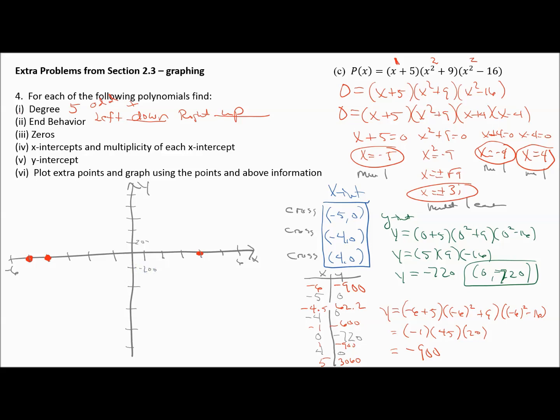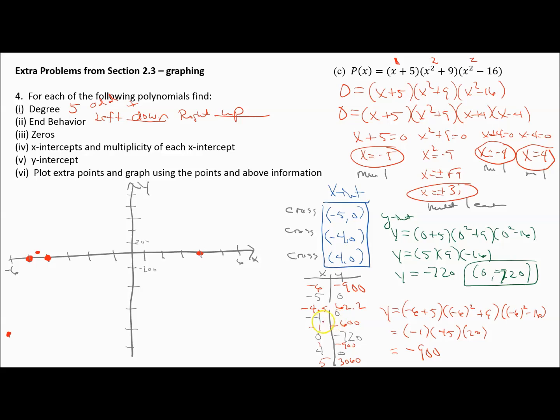Let's see how this does. All right, so negative 6, negative 900. So way out here is negative 6, and remember that's negative 1,000, so negative 900 is right in the middle between negative 800 and negative 1,000. And then that value, negative 4.5, not negative 5.5, is 62.2. Mine looks like it's halfway between 0 and 200, but we're just going to say, hey, that's 62.2.